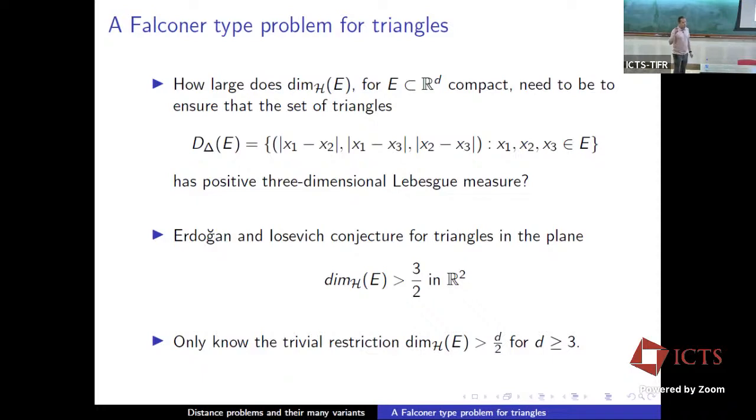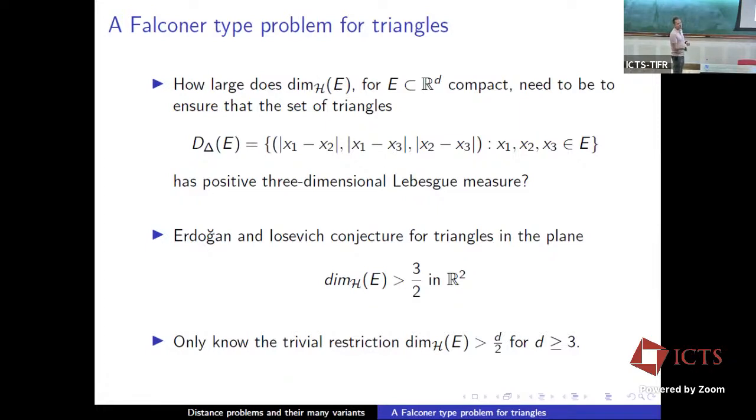But then, because we're bad at counting in higher dimensions, if I try to recreate exactly the same calculations in 3D and higher, and I count to the best of my ability, which maybe is poor, maybe that's just my fault, then I get thresholds that are worse than d/2. But let's just think about this. If there are lots of different triangles, surely there must be lots of distances. So the threshold for the Falconer distance problem surely has to hold for the triangles.